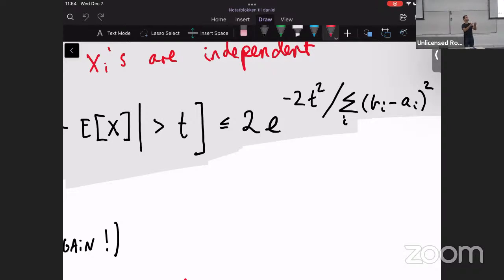If your deviation is like epsilon n, then you get epsilon squared n squared divided by n, so you're inverse exponential in epsilon squared n. That's a good sanity check to do: what happens when you care about deviations that are linear in the number of random variables? You still get meaningful bounds as long as your deviation is bigger than the square root of the number of random variables you have.